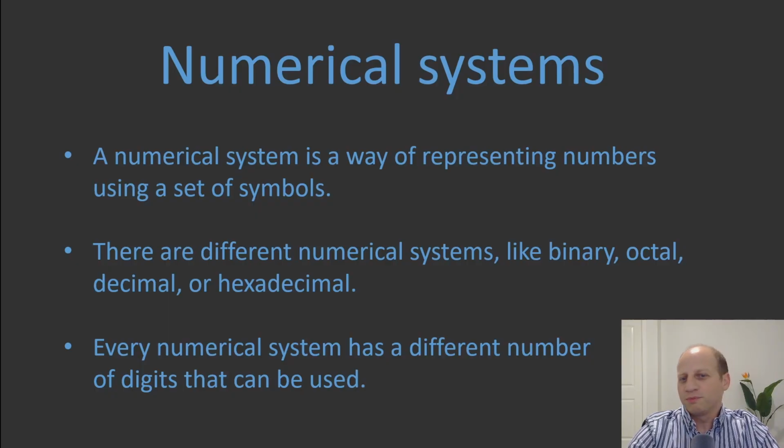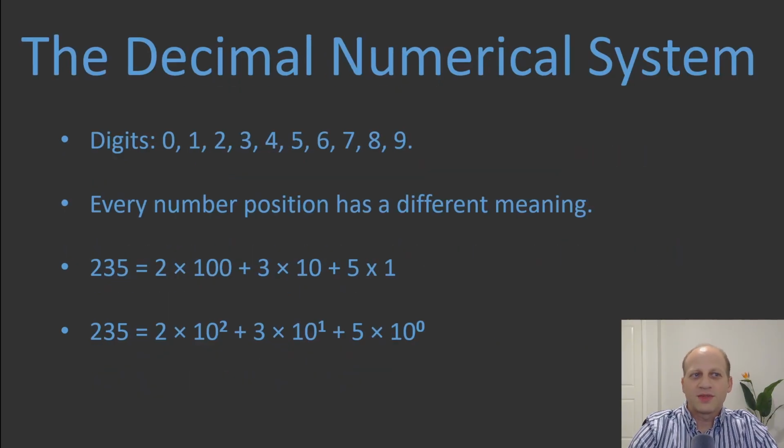For example, people are usually using the decimal numerical system in day-to-day life. In the decimal system, we have 10 digits, while each digit can be between 0 and 9. So how do we create numbers bigger than 9? We combine several digits, while the position of the digit in the sequence of digits determines its value.